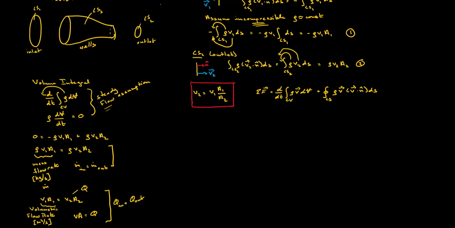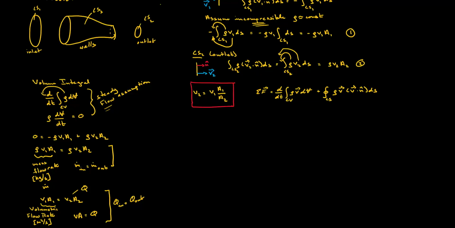So how much momentum is being transported into and out of the control volume through these control surfaces, so the surfaces of the control volume. So as before, our dot product of V dotted with N will be equal to 0 at the walls, which is control surface 3. So this does not contribute to our momentum balance.